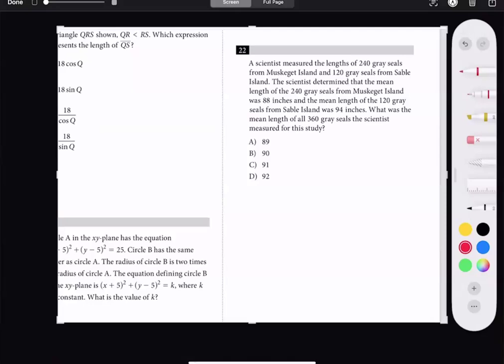So the summation of the lengths of the 240 gray seals divided by the quantity is 88. Do you agree? And the summation of the other 120, what is the name? Muscat Island.